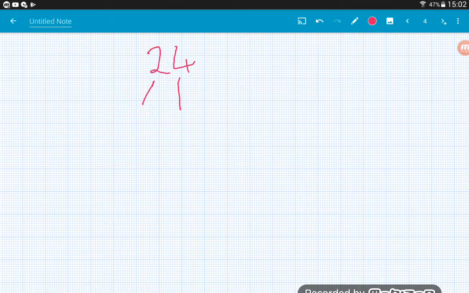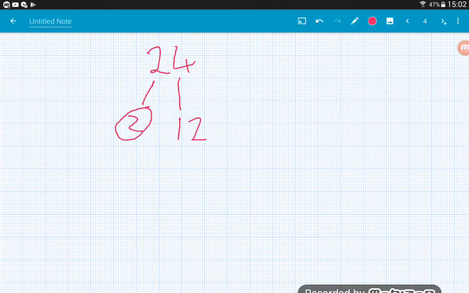The idea is that at each level, we find a prime factor. 24 is an even number, so we can take out a factor of 2. It's a good idea to circle your prime factors so that they don't run away, because they like to do that. When we take out a factor of 2, we're dividing 24 by 2, and that will leave us with 12.